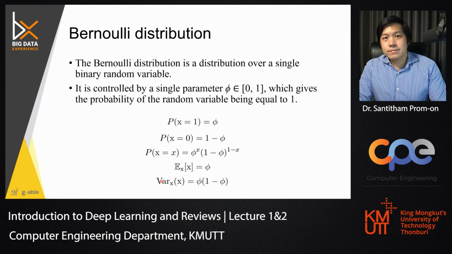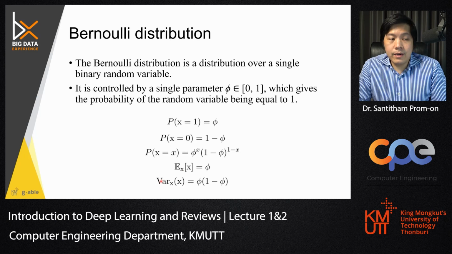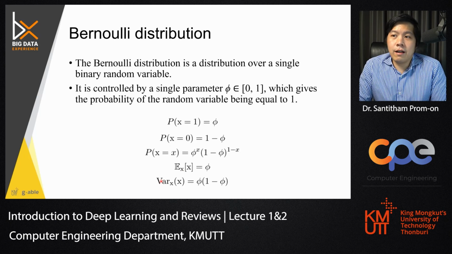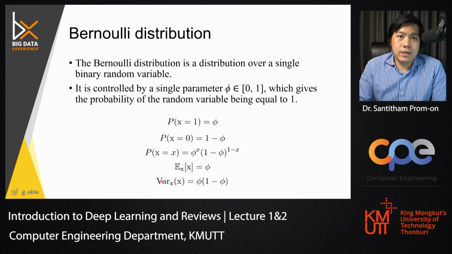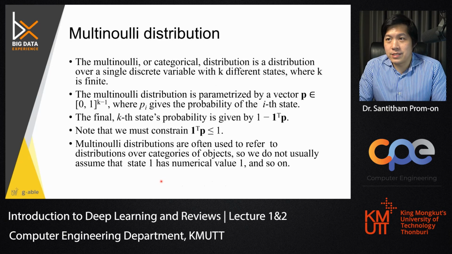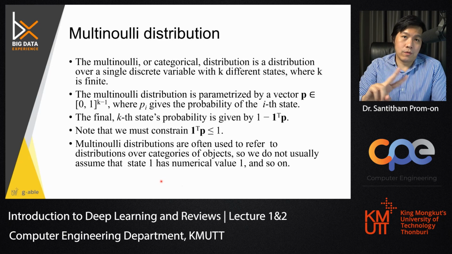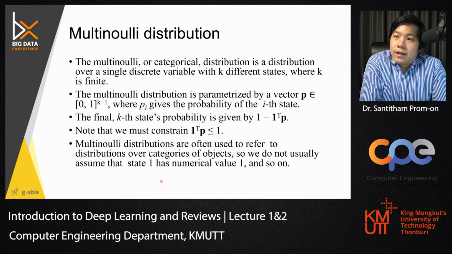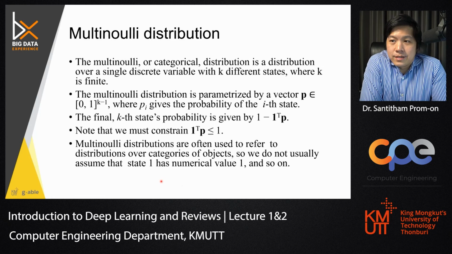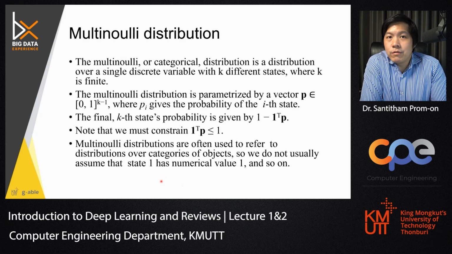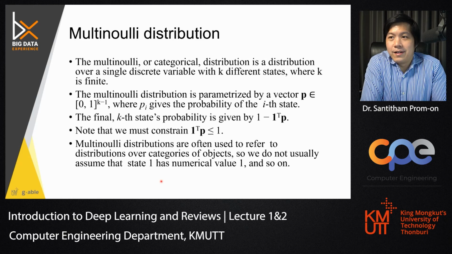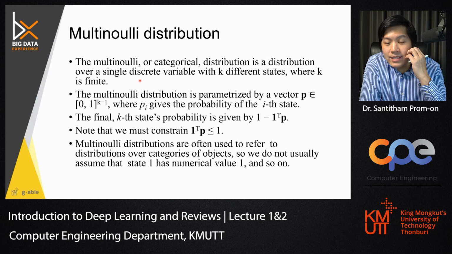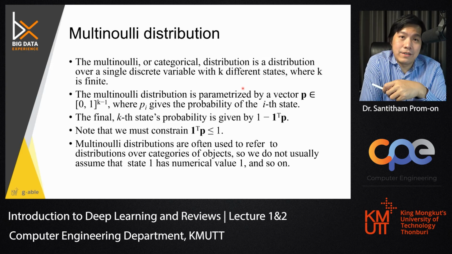But in deep learning, in machine learning, instead of calling this a Bernoulli distribution, it is called a binomial distribution, taking one of two values. Okay, so it's the binomial in machine learning. Then we have the multinoulli distribution, or the categorical. You know this as multi-class classification.